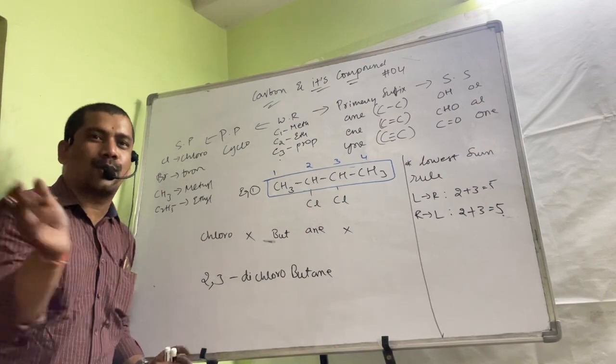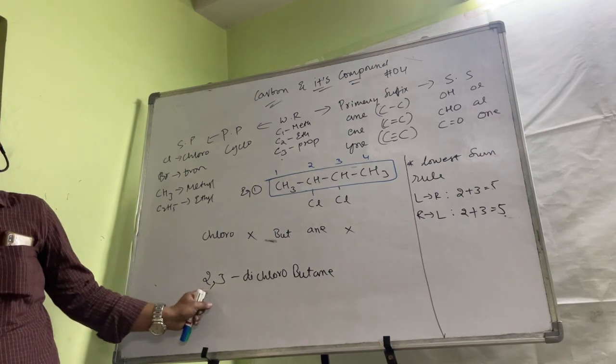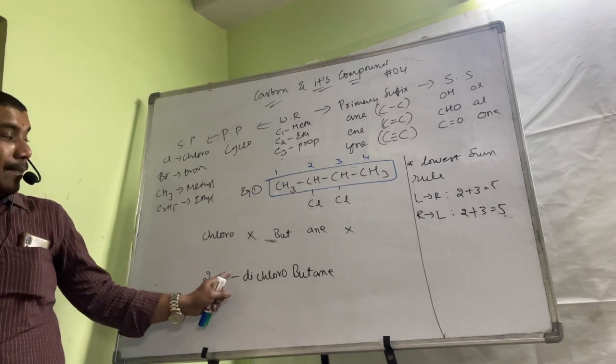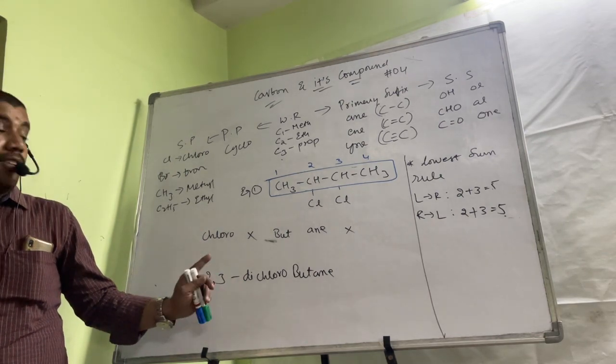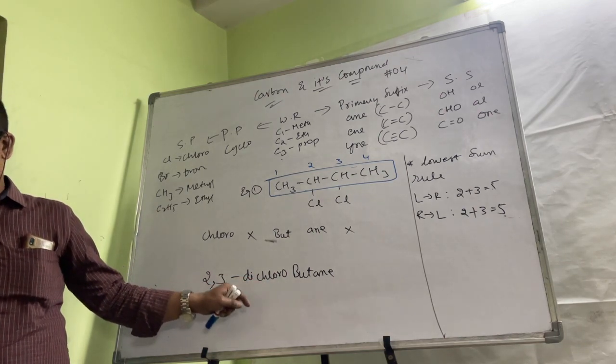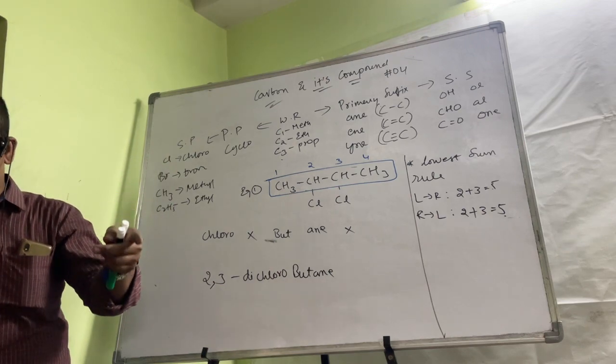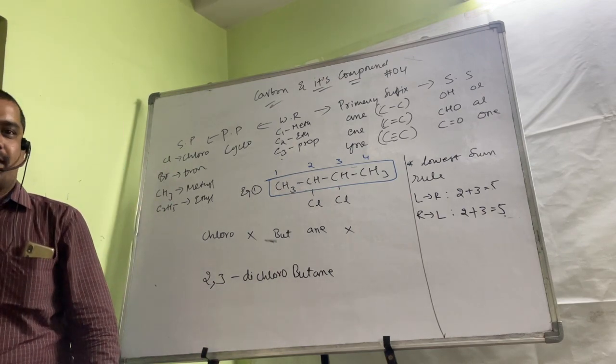This is all small rules. That's why we don't read them separately. So between number and number, comma. Between number and alphabet, hyphen. If two functional groups are there, we should write di. If three functional groups, tri. More than 3 basically we won't get. If we get, we should write tetra.